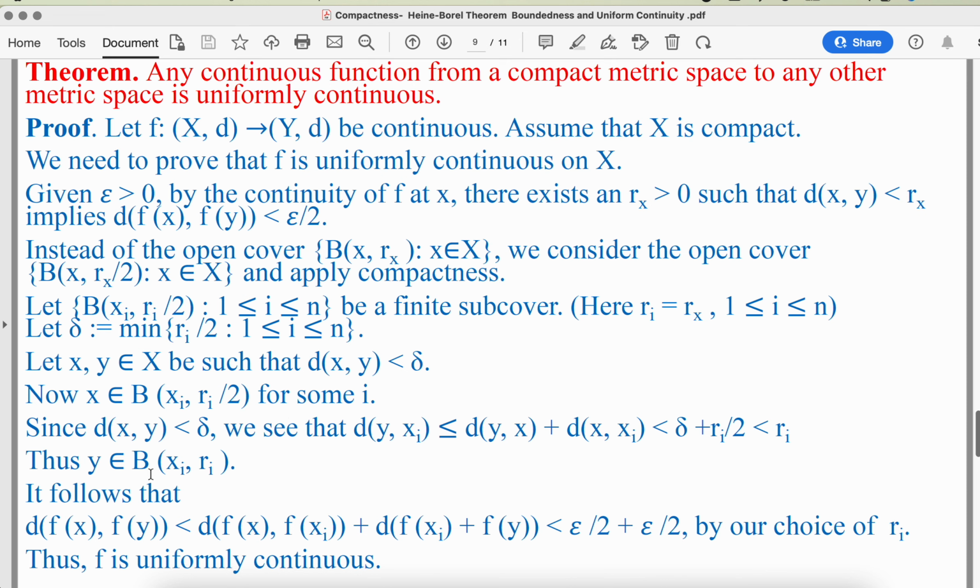It means by the definition of uniform continuity, f is uniformly continuous, because whenever d(x, y) is less than delta, we have proved that distance of f(x) from f(y) is less than epsilon, because epsilon by 2 plus epsilon by 2 is equal to epsilon.